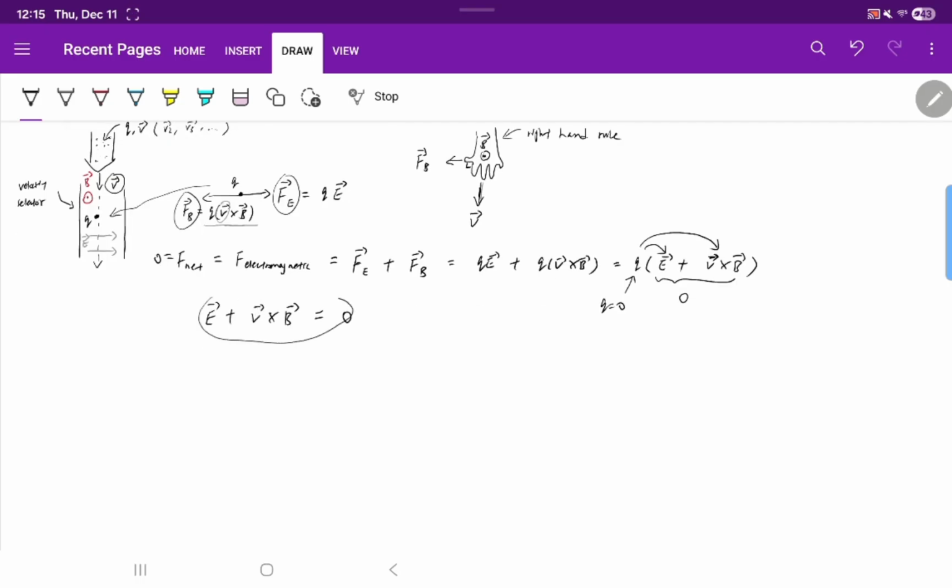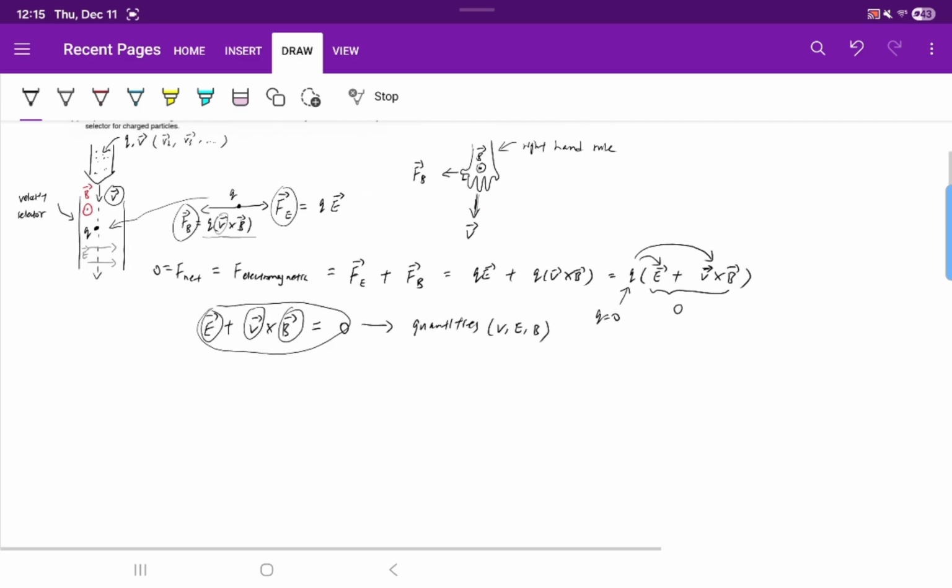How do we turn this into quantities? Let's say in quantities V, E, and B. We don't want the vectors, we want them to be in quantities. So how do we do that?